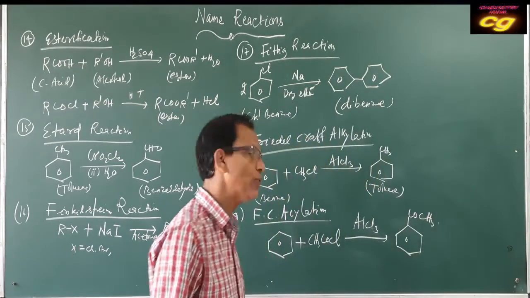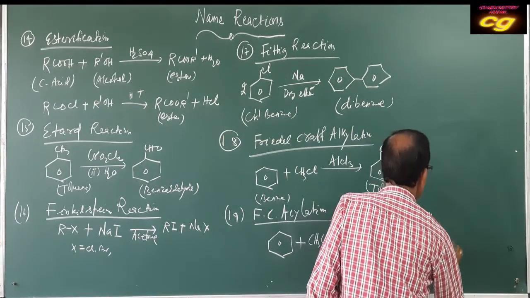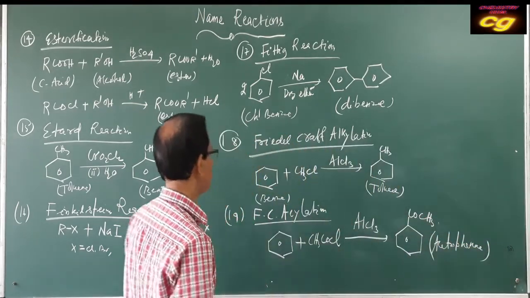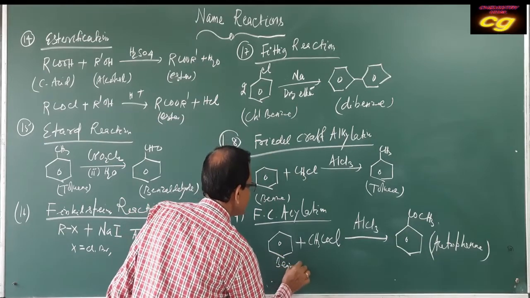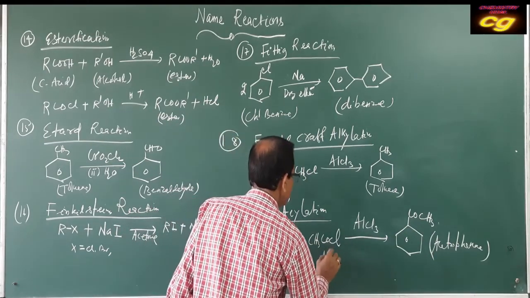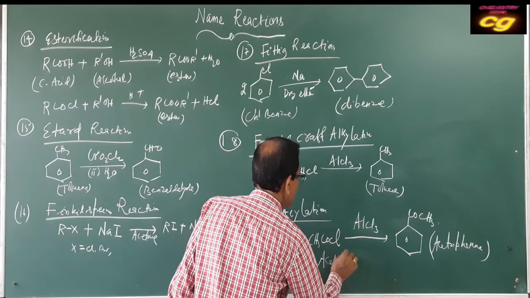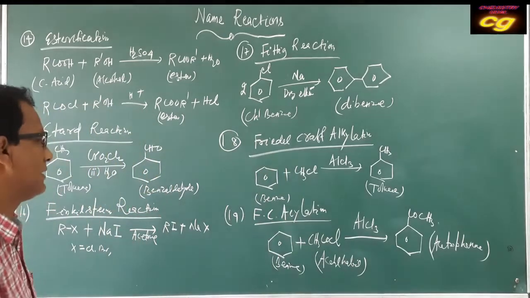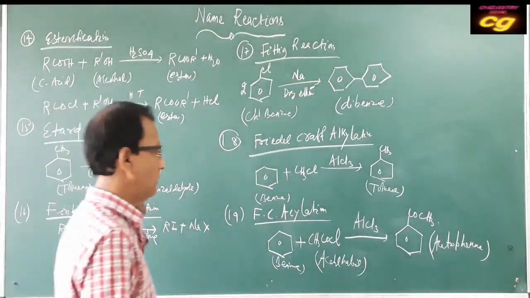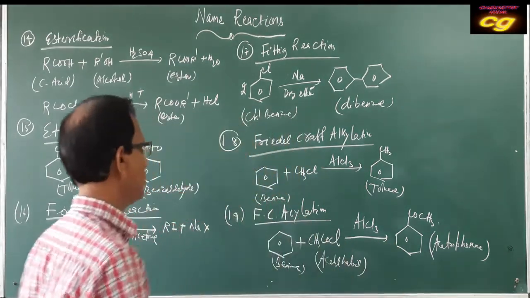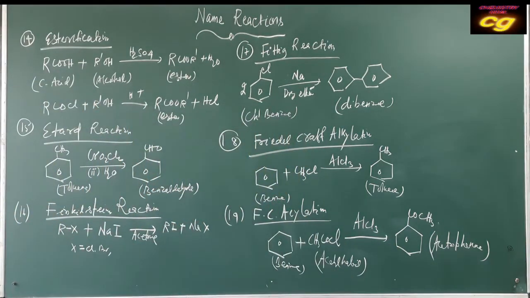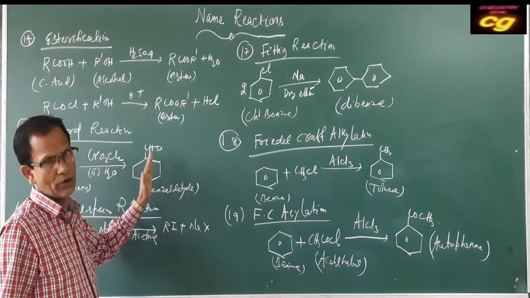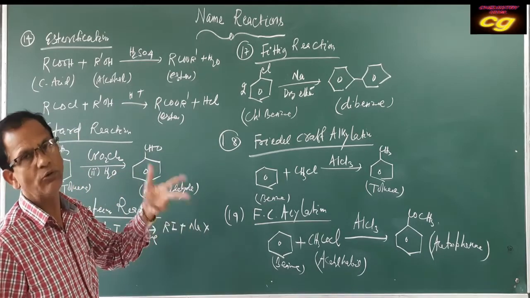This is called acetophenone. This is your benzene, this is your acid halide, acetyl chloride, and it produces acetophenone. This is called Friedel-Crafts acylation. Okay? Only you remember the reagent, the reactant and the product, and you have to write the name. Then we will get 1 mark.